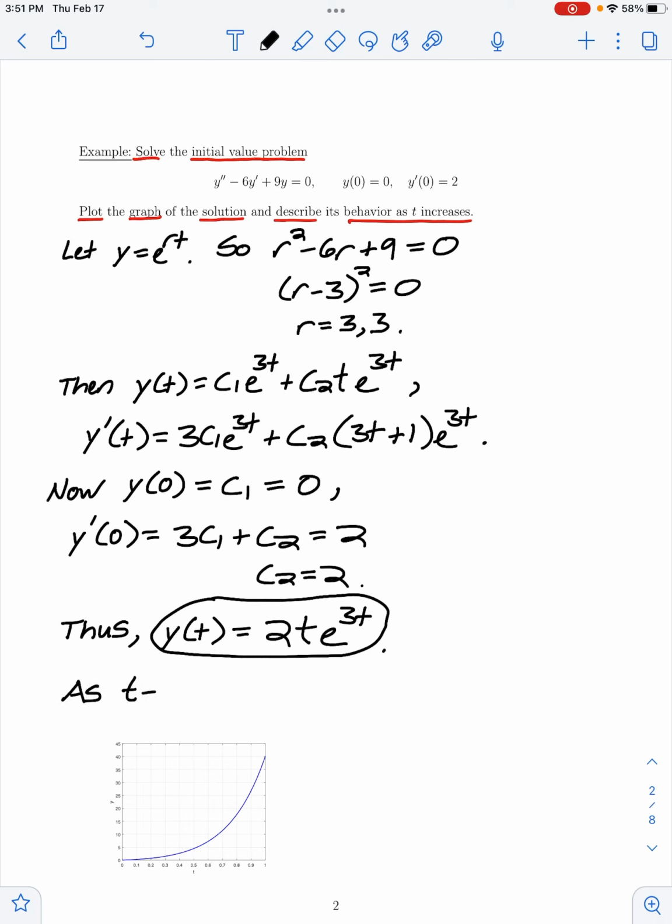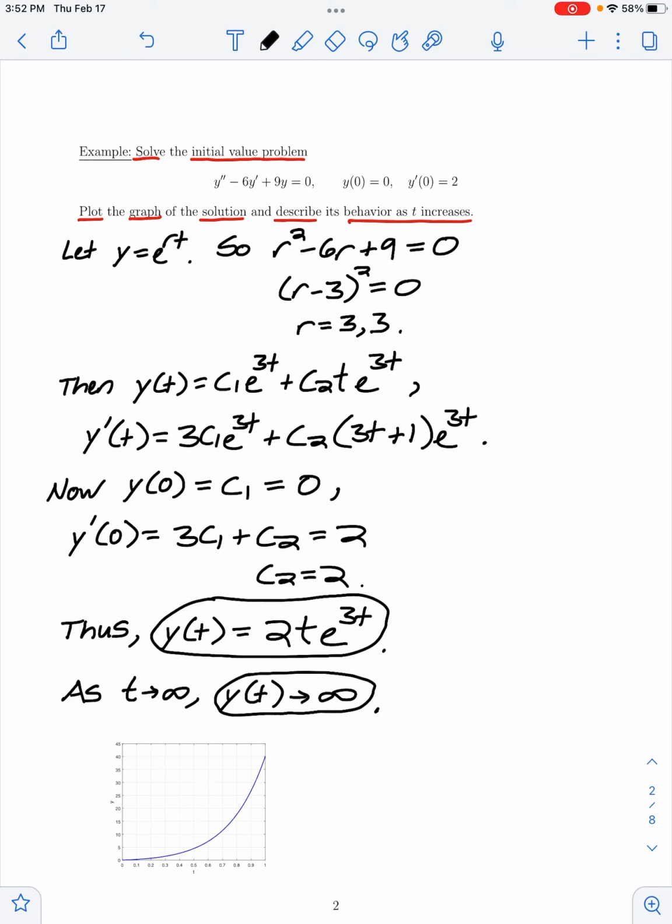And as t increases towards infinity, we can see that clearly our solution y of t would approach positive infinity. Both 2t and e to the 3t would increase without bound, so the product also increases towards infinity.